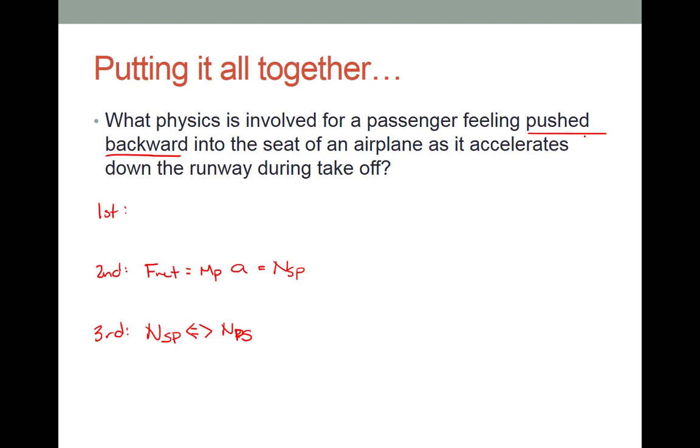So that passenger is trying to do exactly that. So you have a passenger sitting in the seat trying to stay at rest, and what happens as the plane begins to accelerate? Well, that pushes the seat back up into the passenger. So it feels like the passenger is getting pushed backward into their seat, because they're getting squished into the back as the seat moves into them, almost, if you think about it.